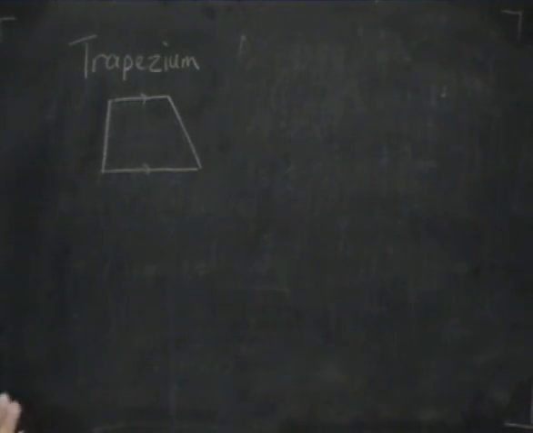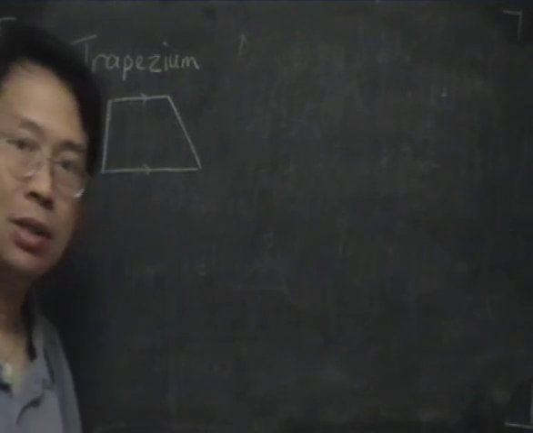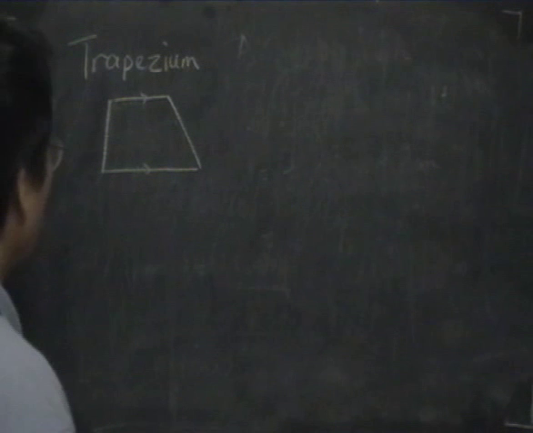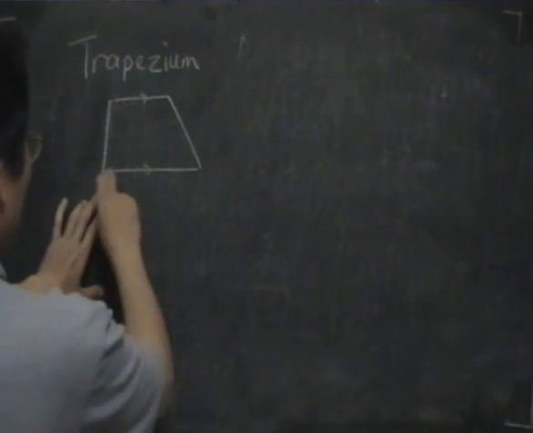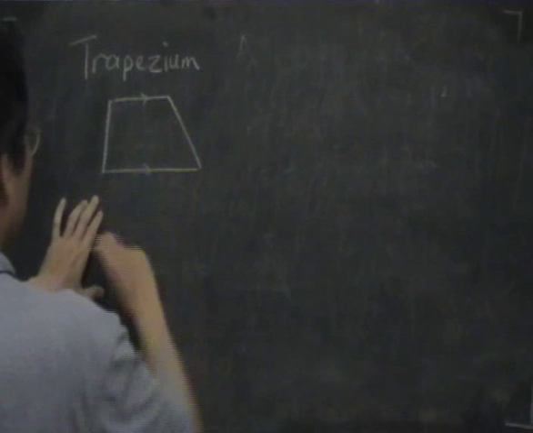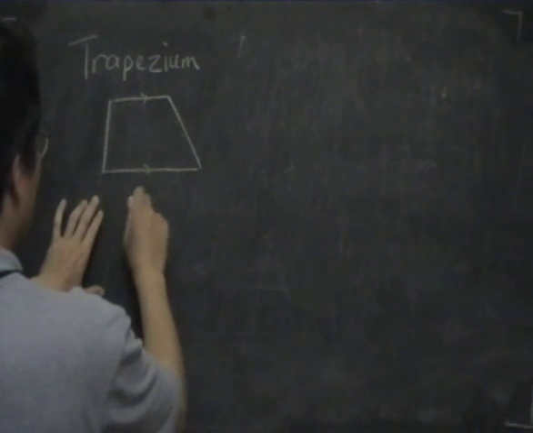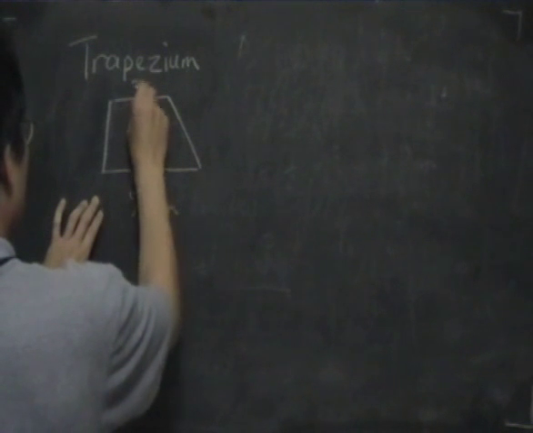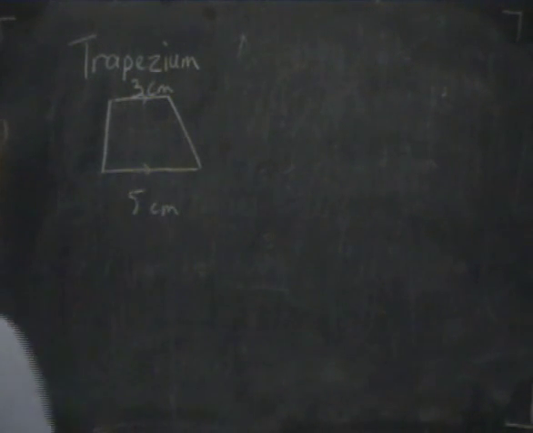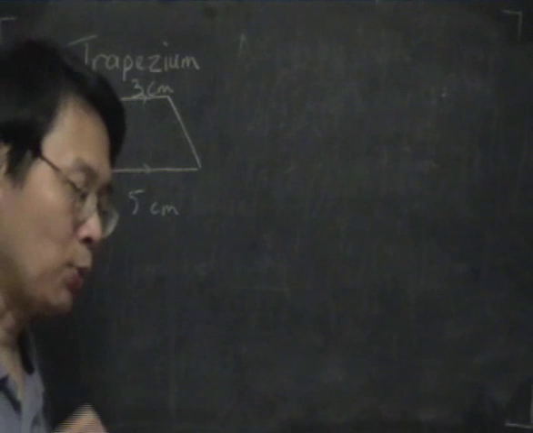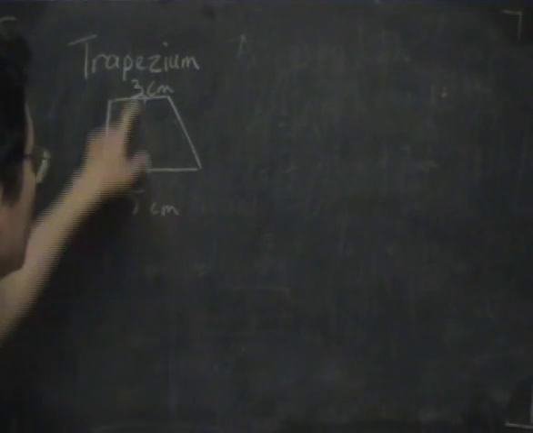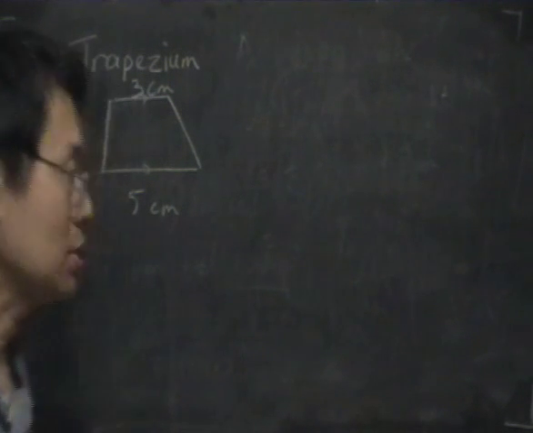Okay, now in order to find the area of a trapezium, we need to know the length of each parallel side. So let's say this is 5 centimeters and this is 3 centimeters. And we need to know the distance between the 2 parallel sides.